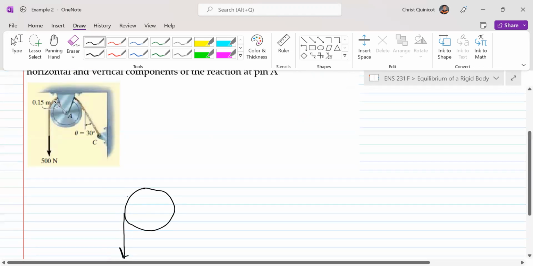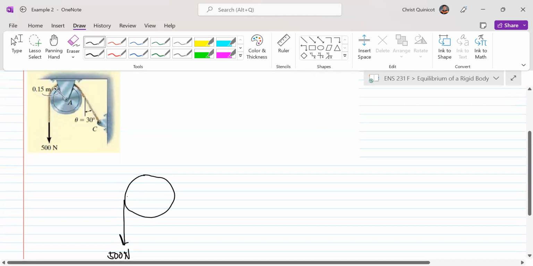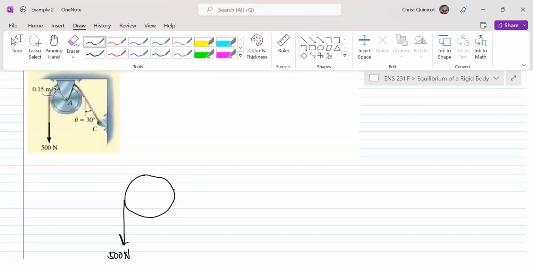And our tension of our rope is subjected to 30 degrees. This is our tension, and this is our 30 degrees.